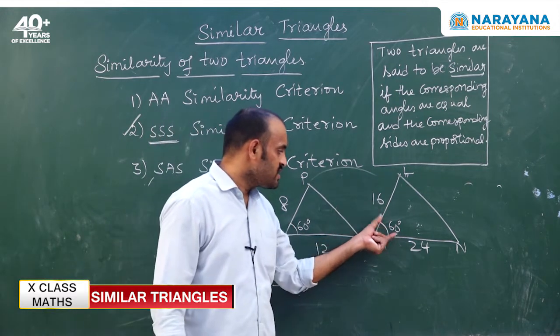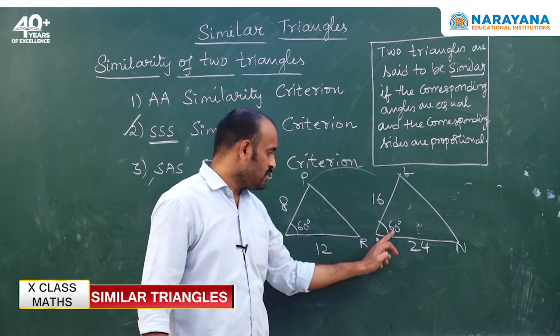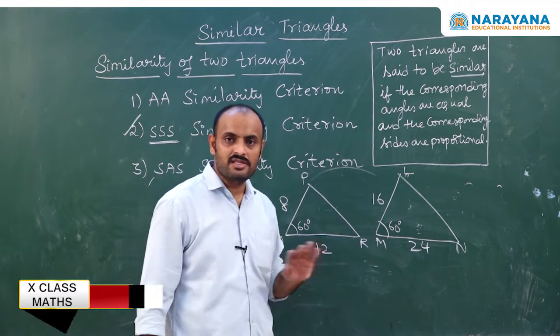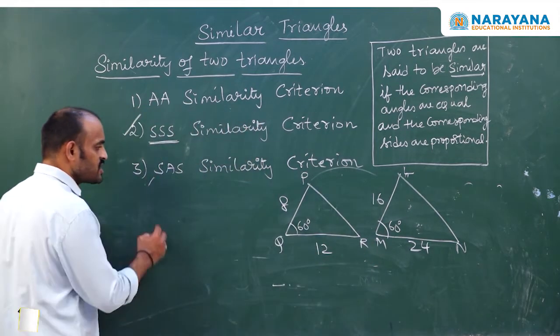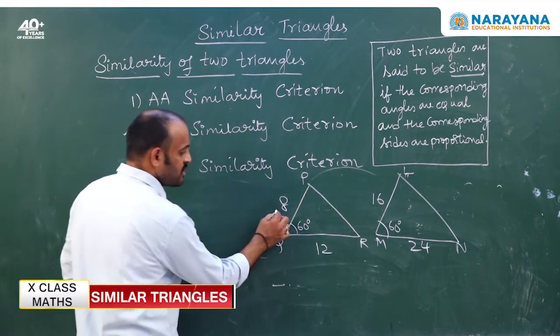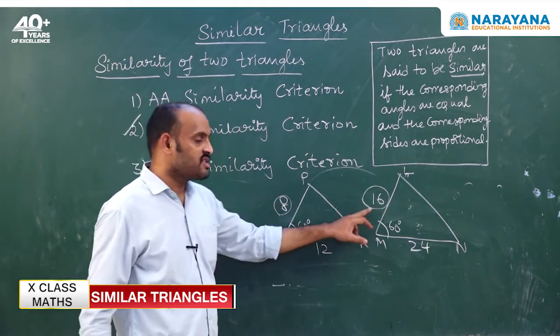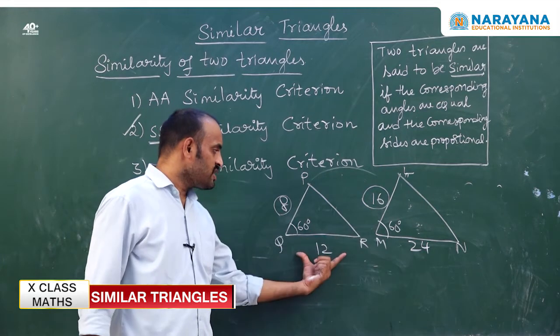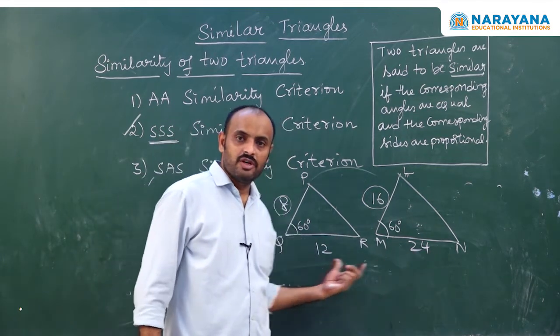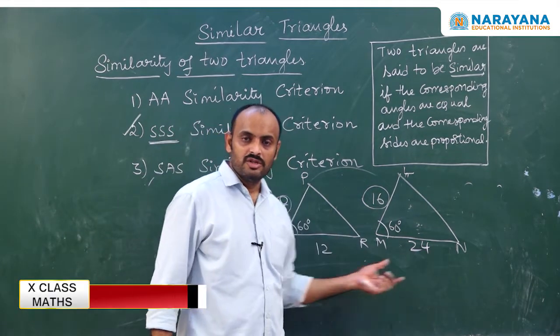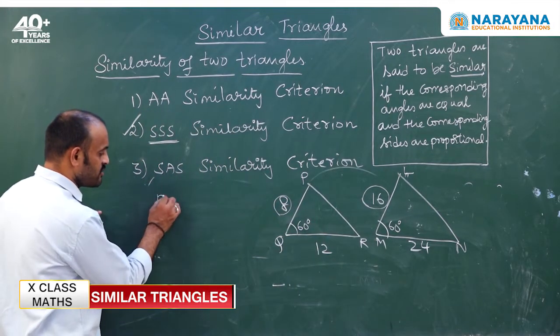Here also two sides and an included angle. Included angles are equal, so angle wise they are equal. Coming to corresponding sides, see PQ is 8, LM is 16. 8 divided by 16, 1 by 2. QR is 12, MN is 24. 12 by 24, 1 by 2. So the ratio of the corresponding sides are also equal.